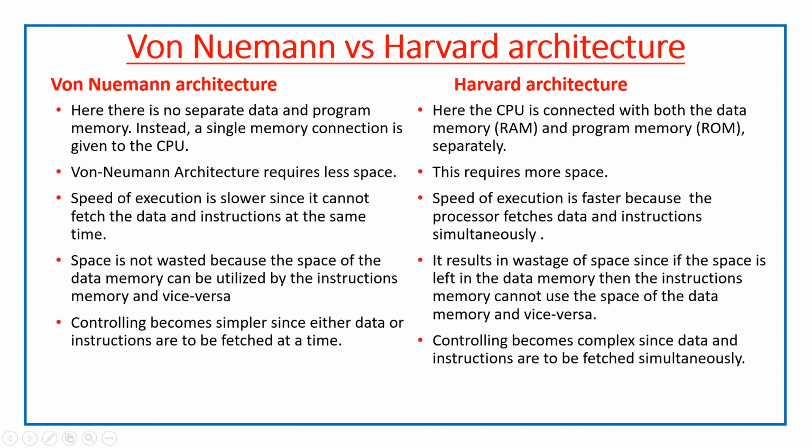So the instruction cannot use the memory space for data and the data memory cannot use the instruction space. So the space of the memory is wasted. Last point is controlling becomes simpler since either data or instruction are to be fetched at the same time, and in Harvard architecture is controlling becomes complex.